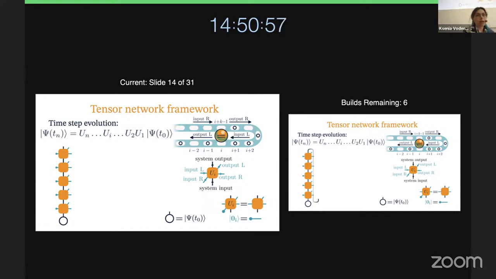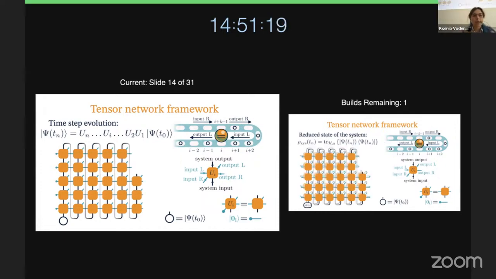And that's why we need to connect the corresponding legs. Here is what we are doing: we're connecting the right moving output to the left moving input. Then we keep going with our tensor network until we build it up to some time T_n we are interested in.